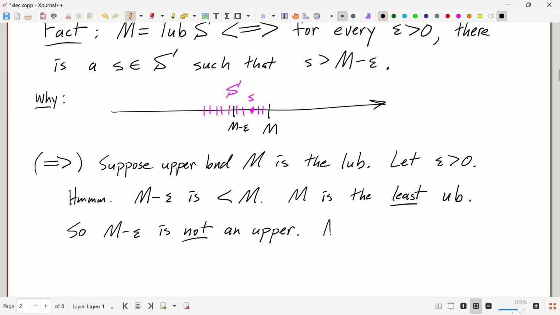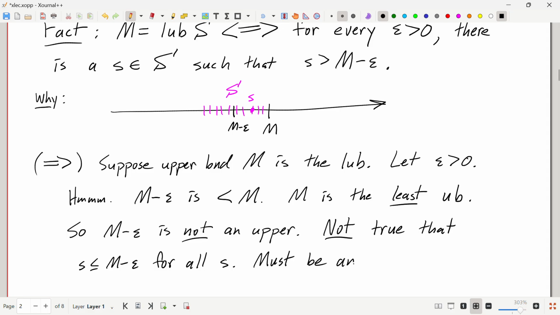So it's not true that s is less than or equal to M minus epsilon for all s. That means there exists one that's bigger than that, with s bigger than that.